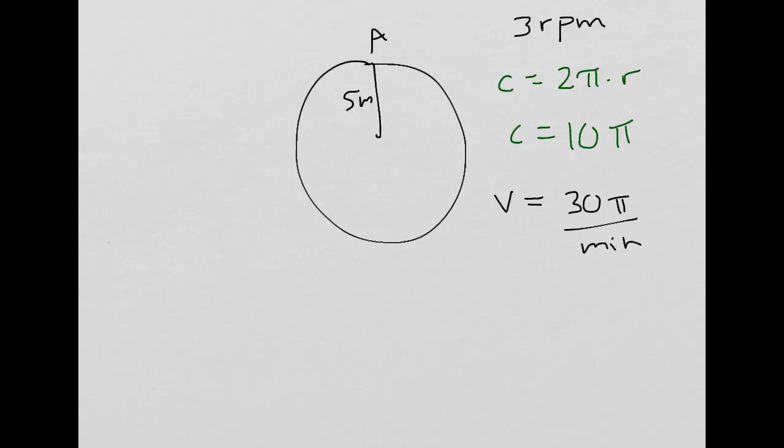So let me remind you of the formula that I wrote down a couple pages ago. We said that linear speed, I'm just going to call it V, is equal to radial distance, we'll call that R, times the rotational speed. Okay.